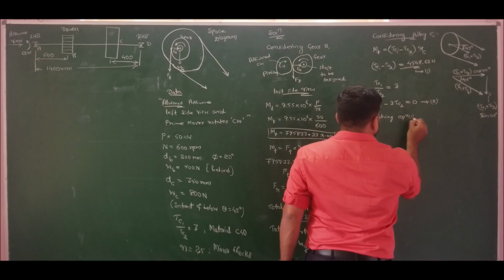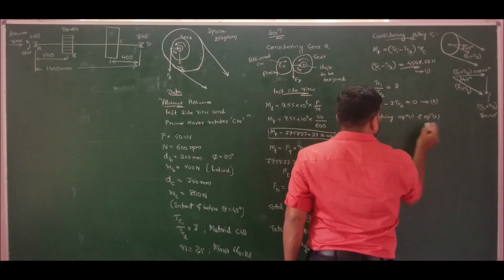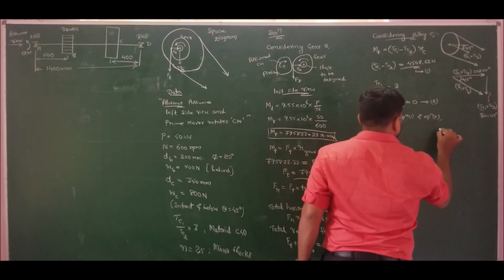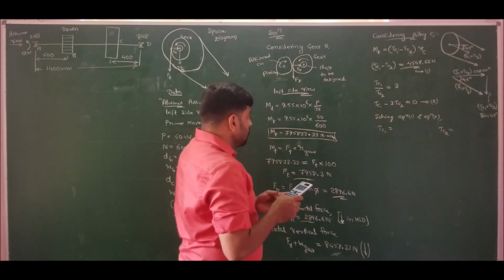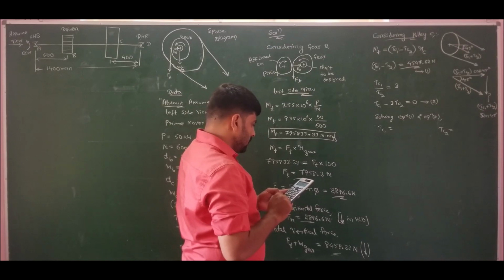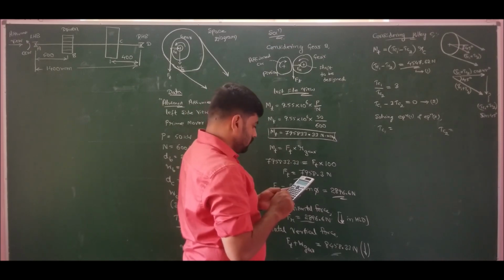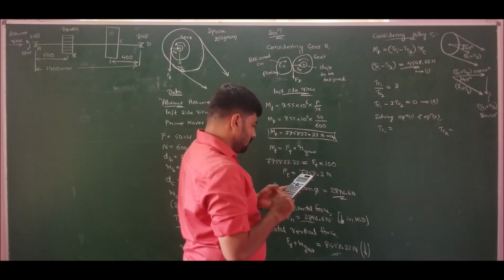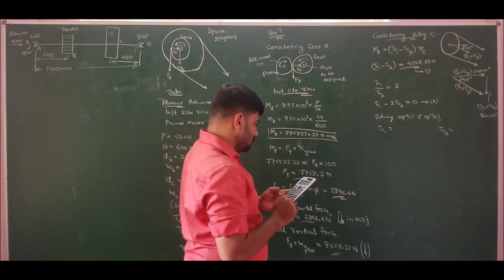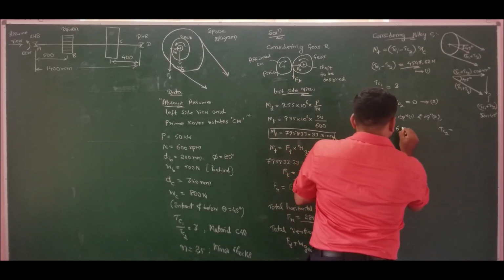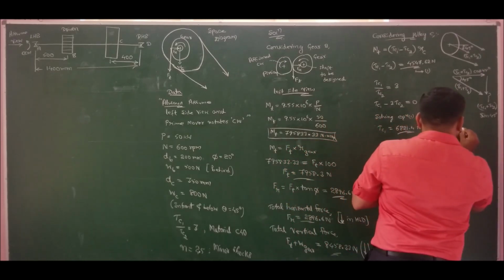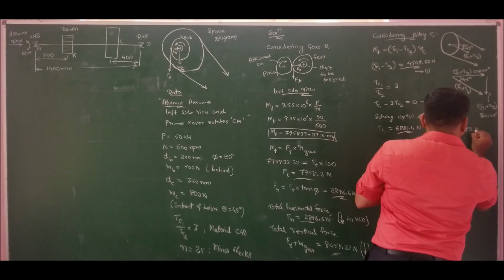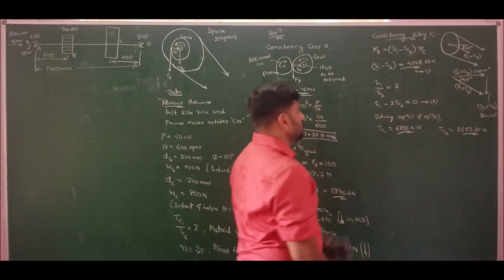Solving equation 1 and equation 2, TC1 is 6821.4 newtons and TC2 is 2273.81 newtons. So we have found the values of TC1 and TC2.